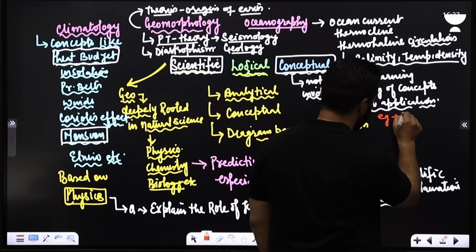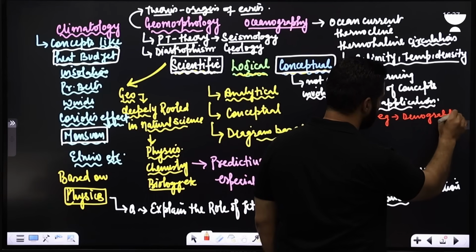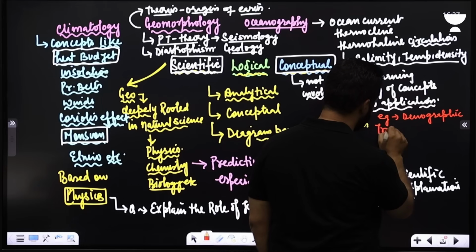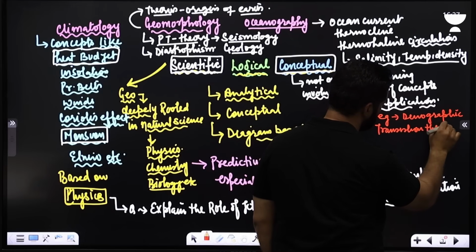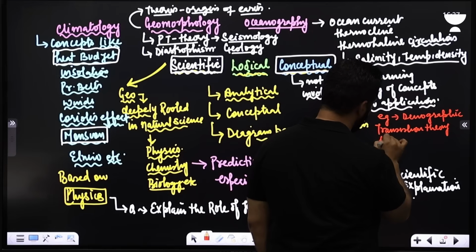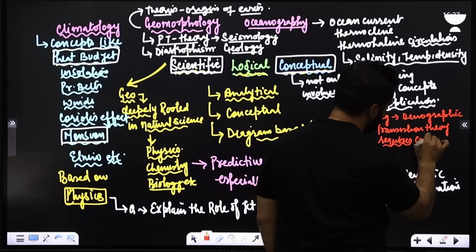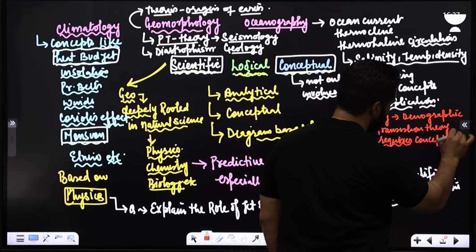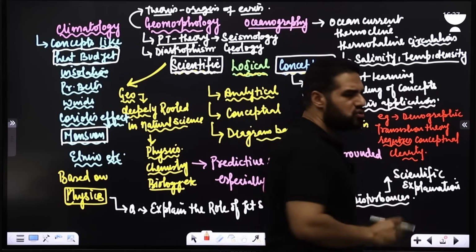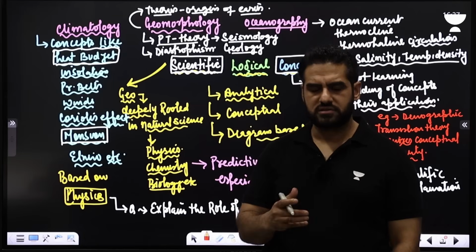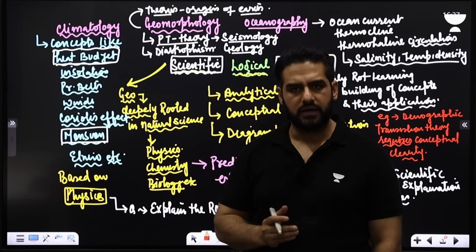For example, demographic transition theory. It requires conceptual clarity, how socio-economic conditions affect the birth and death rate over the period of time.